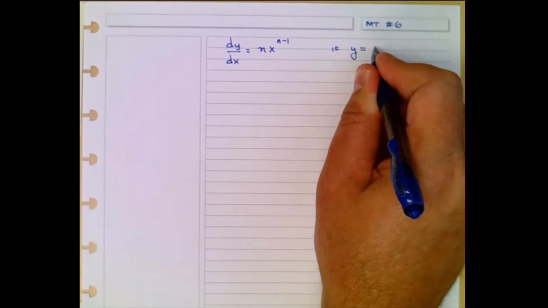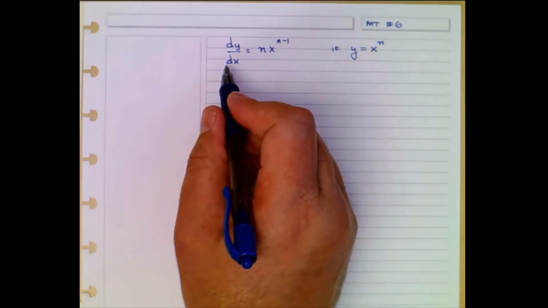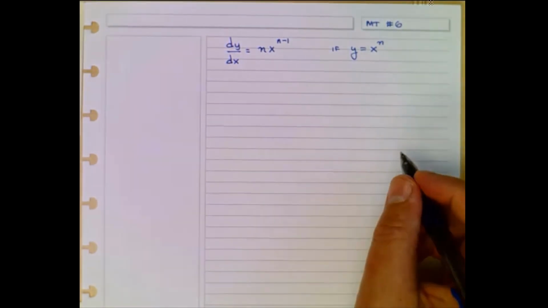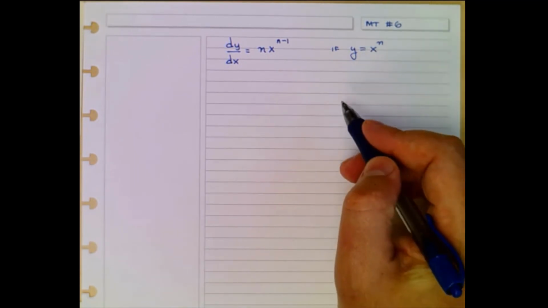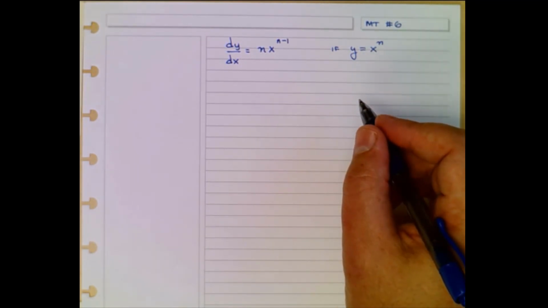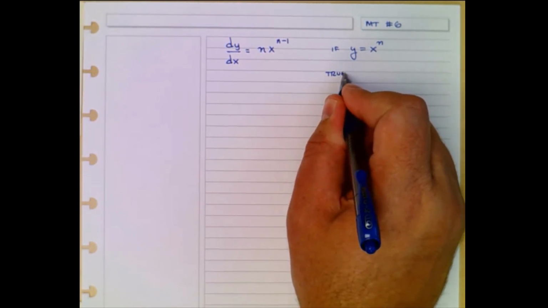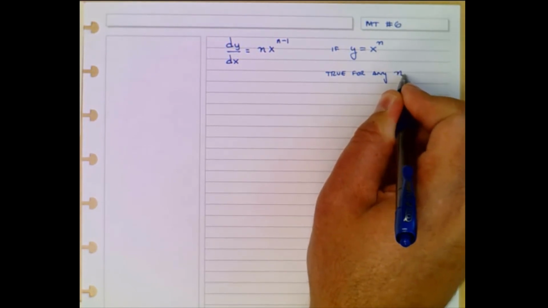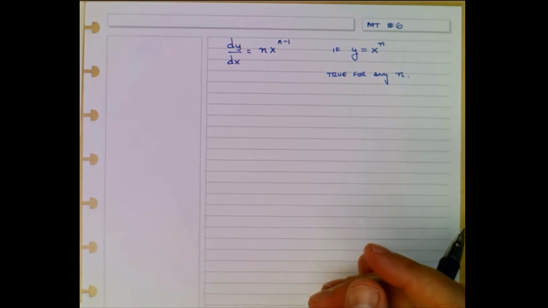If y is equal to x to the nth power, then the derivative of y with respect to x is n times x to the n minus 1. You just take the n, decrease it by 1, and plop an n out in front. That's really, really easy. It is true, in fact, for any n. Okay?